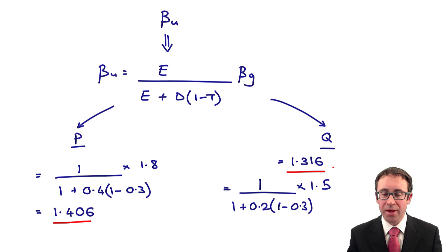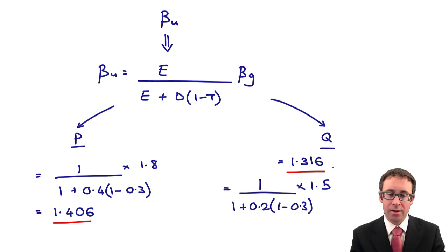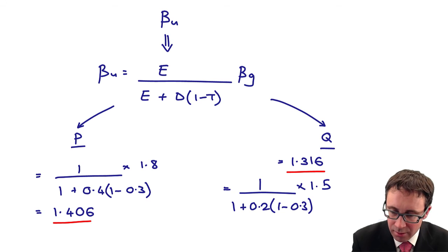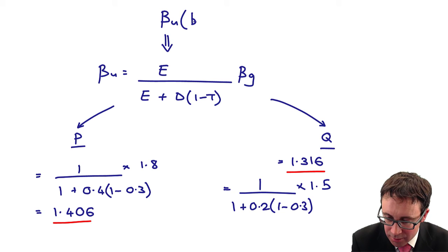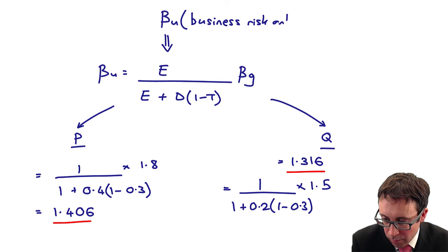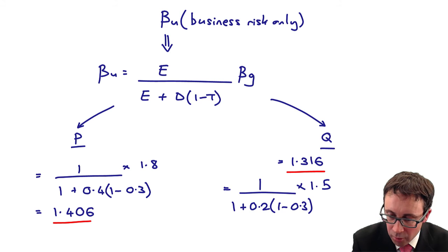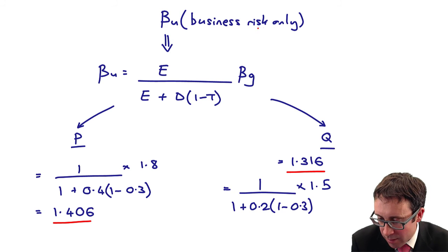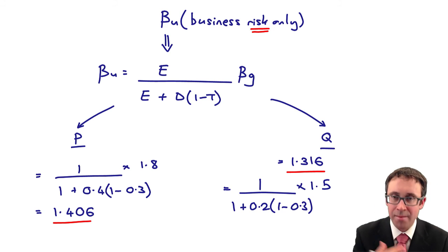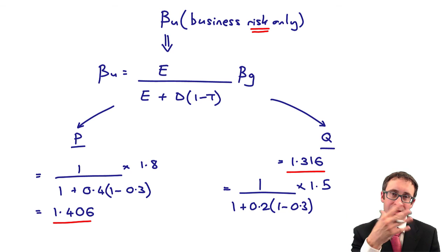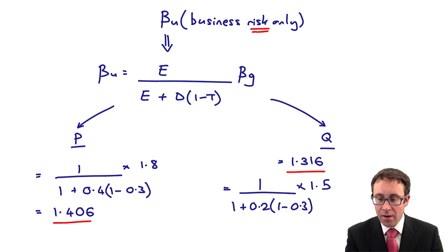So to answer the question, we have calculated the ungeared beta. Remember, that reflects the business risk only, because we have removed any impact of the debt. We're just looking at it as the equity element, as if we are ungeared.